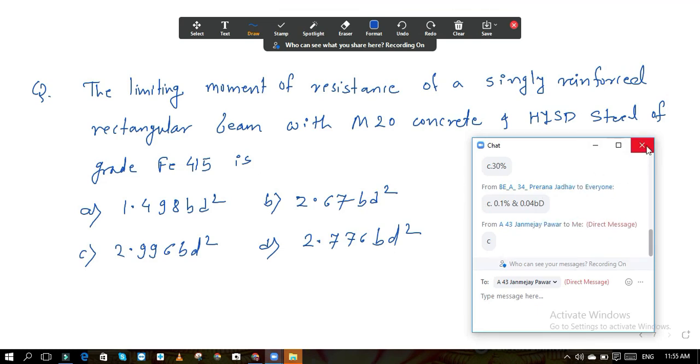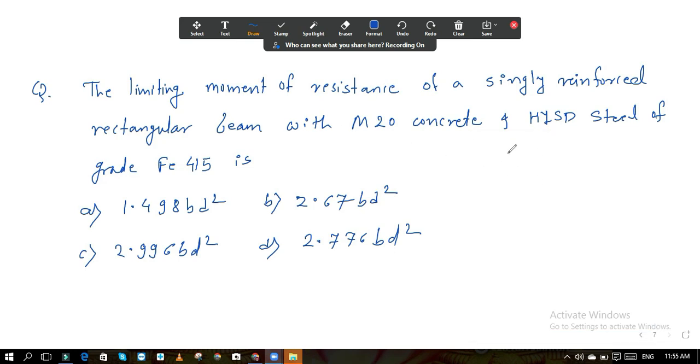No, no, C is not the answer. See here. What is the grade of concrete? M20. And Fe415 is the grade of steel. For M20 and Fe415, we know the formula. What is the formula for MR? It is 0.138 FCK BD square, right?